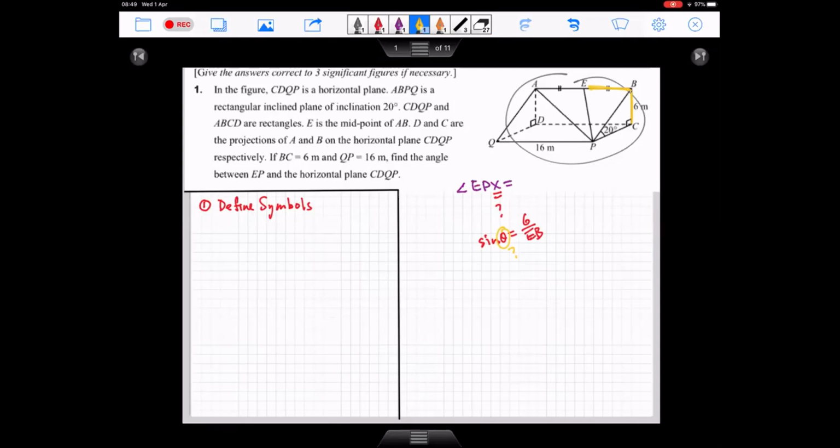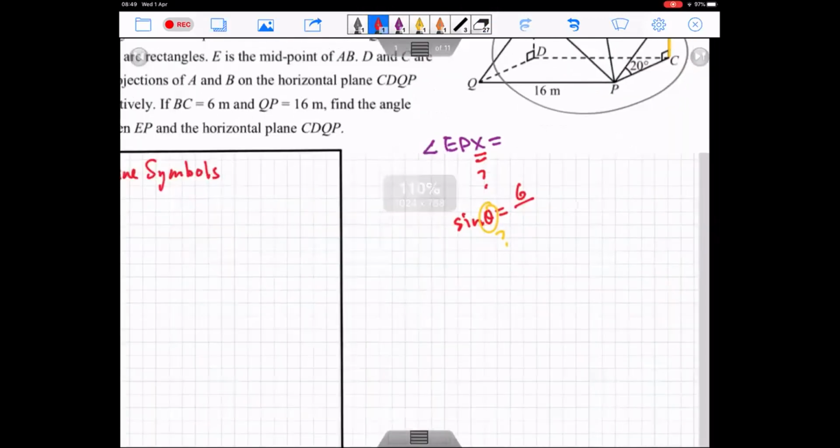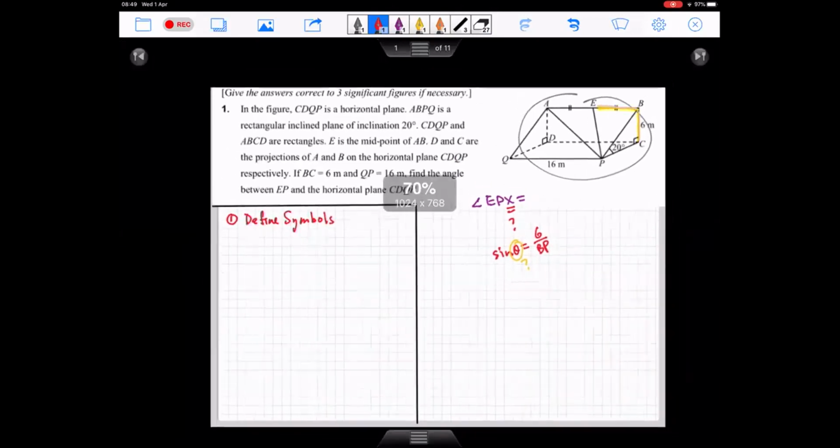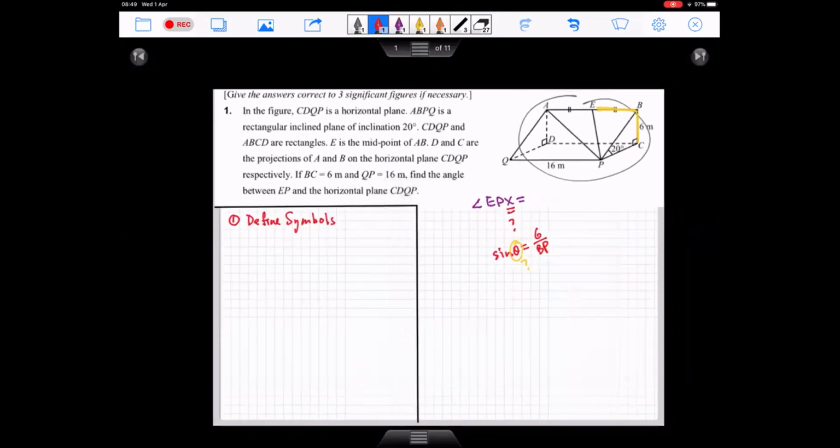If it is correct, like sine theta is 6 over BP, then there is a slight chance that the marker will still understand what the 6 and the BP are, so that he or she may figure out what your theta is. If that's correct, it's okay. But if you make a mistake somewhere else, then it is impossible for the marker to understand you.